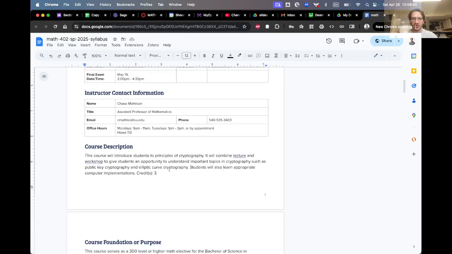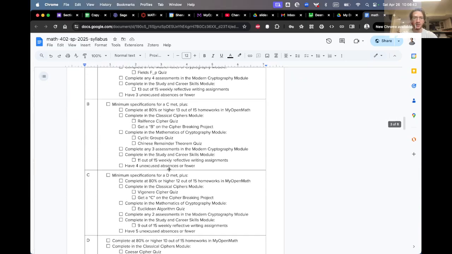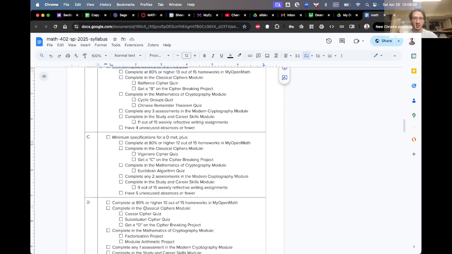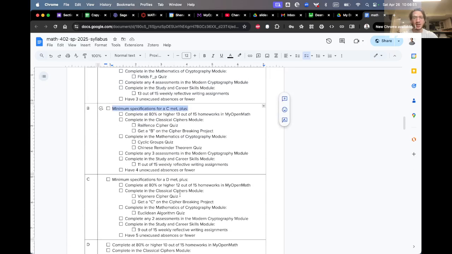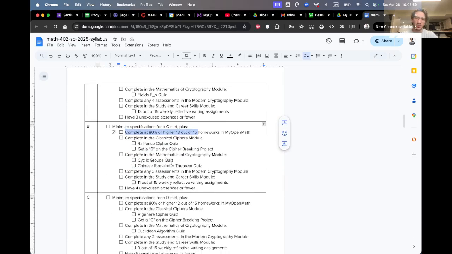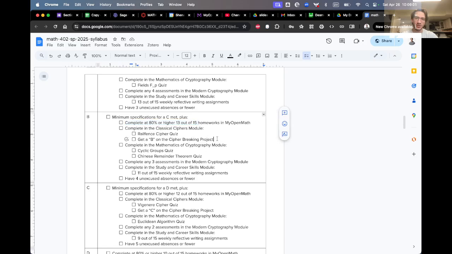So as a reminder, in the syllabus, if you want a B in the class, then you need to meet all the minimum specifications for a C. So you need to complete all of these things, which means you actually need to complete all of these things. And then do the following: complete, at 80% or higher, 13 out of 15 homeworks in MyOpenMath. You need to complete these quizzes and get a B in the cipher breaking project.